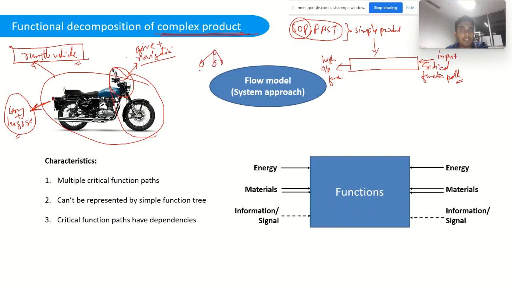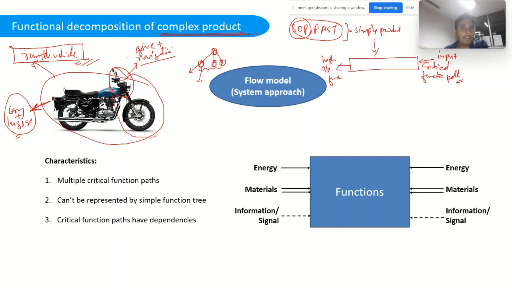Whenever we remove something at a very low level function, we try to operate the device, see what functionality is lacking, and then define the function. But in a complex product, that strategy will not help. If we remove something from navigation, the bike will still run, which means you'll never know what this particular product is.